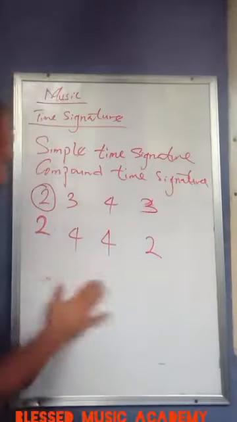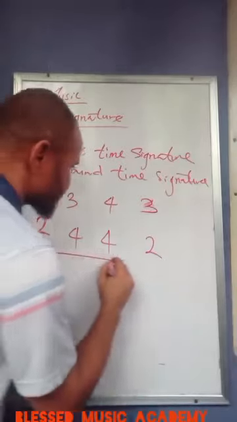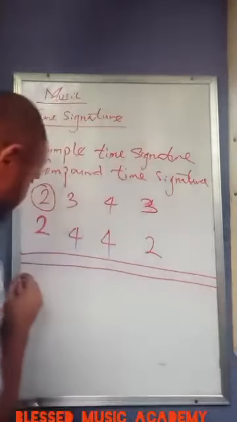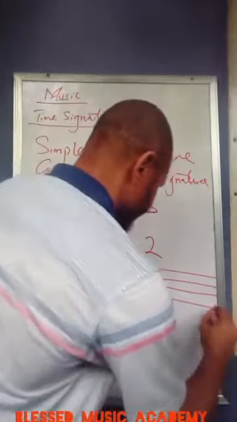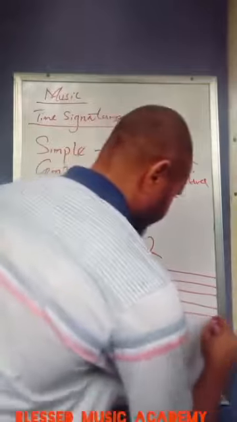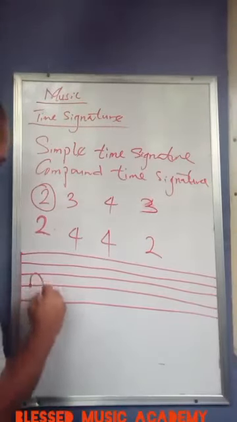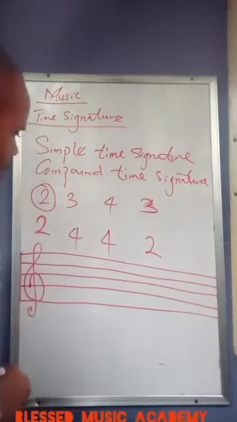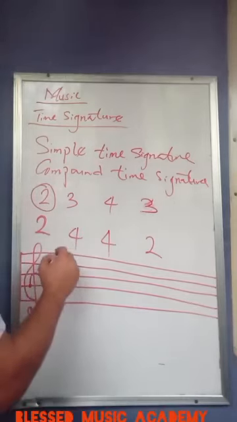For example, if I draw my 5 lines and 4 spaces, it's supposed to be straight, but I'm using this as an example. After my key signature, I have my time signature.